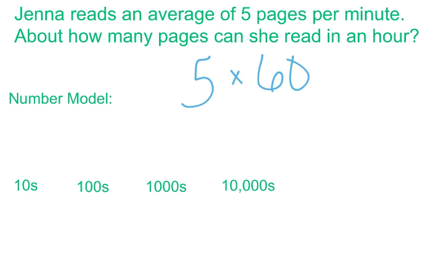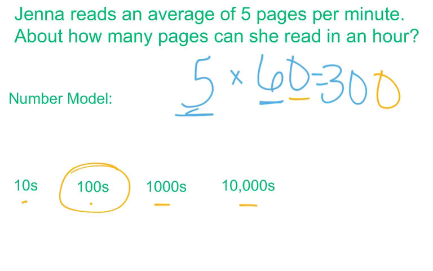So let's do 5 times 6, which is going to get us to 30. And then we have that 0 left, and we're going to add that on, so 300. And is it closest to the tens, the hundreds, the thousands, or the 10,000s? It's actually going to be closest to the hundreds, and so we would indicate that that is our magnitude estimate.